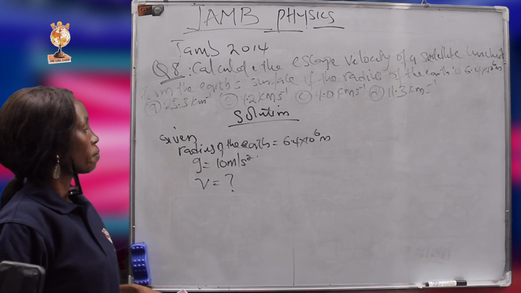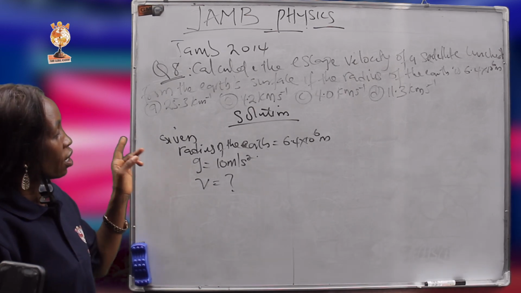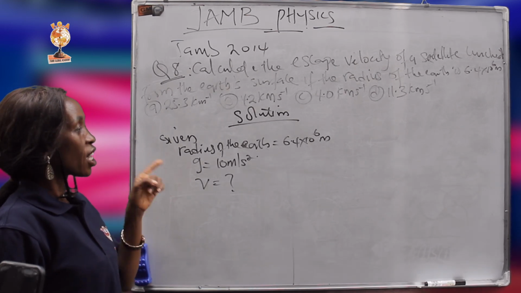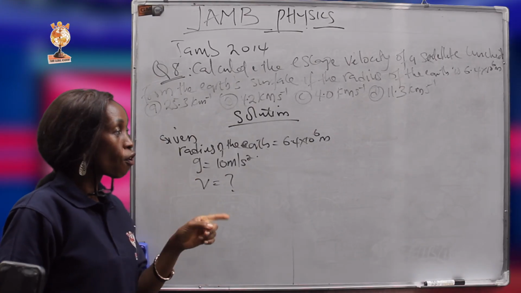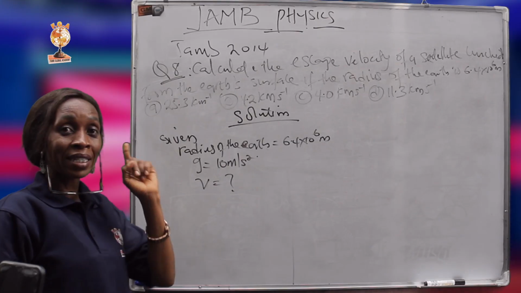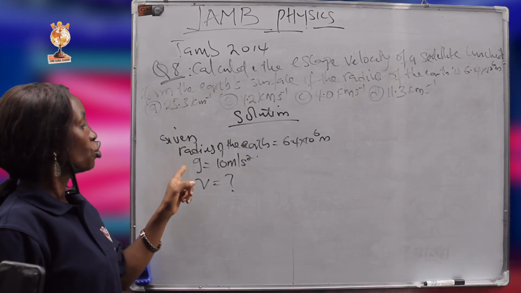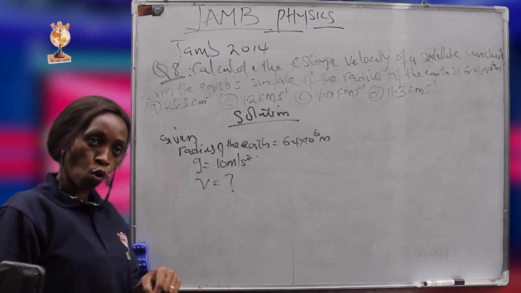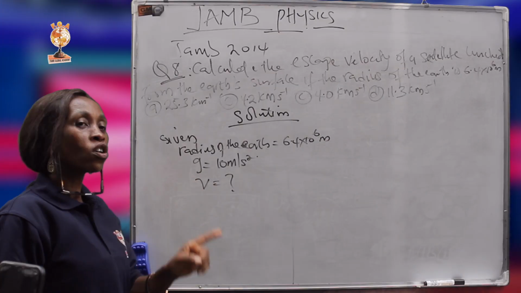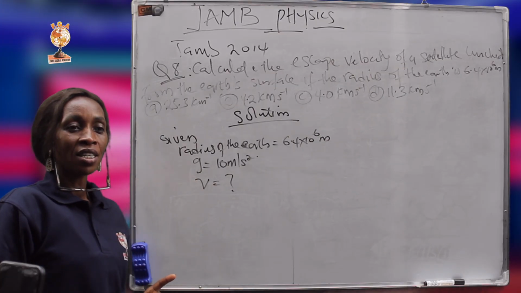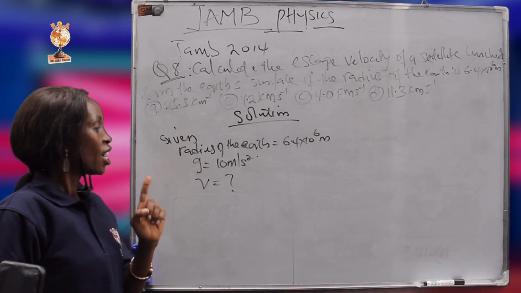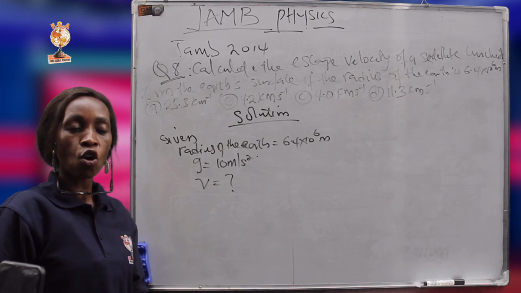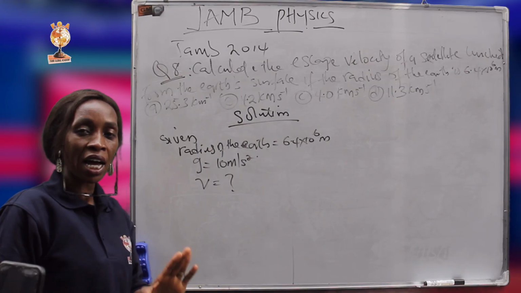Now, the radius of the earth is given as 6.4 times 10 to the power 6 meters, and I'm given g. I should know that g is a constant value. That is, the acceleration due to gravity of the earth is 10 meter per second square, a constant value.